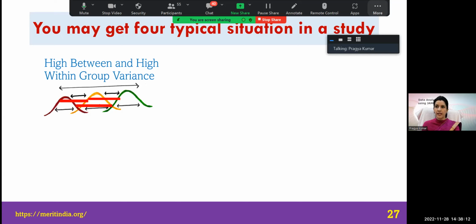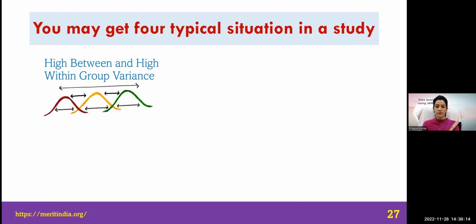So in this case, Anju, if I say the overlap is not that much, that's why it is both high. Maybe it's because it's drawn by hand, not a computerized graph, so you may have some difficulty in interpretation.